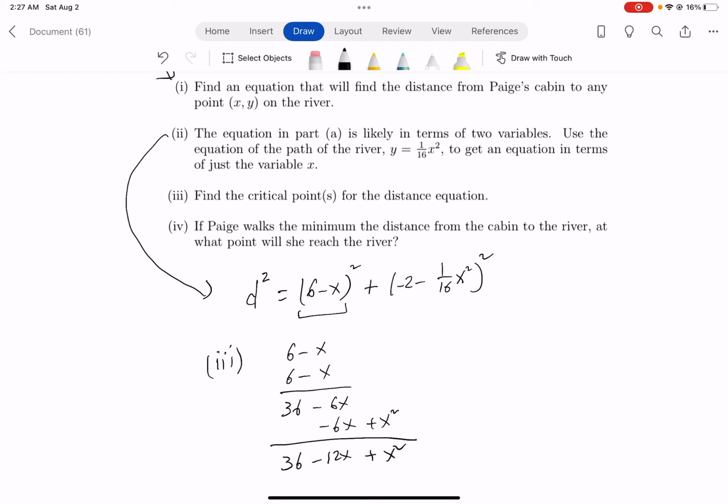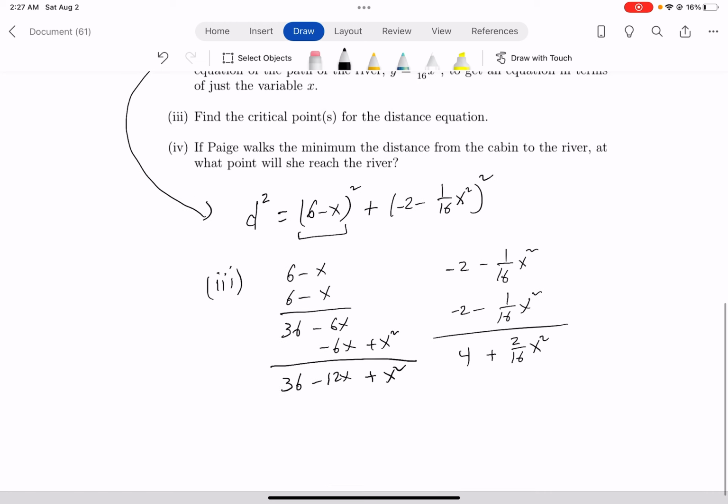And let's solve this one: (minus 2 minus 1 over 16 x squared) times (minus 2 minus 1 over 16 x squared). Minus 2 times minus 2 is 4. Minus 2 times minus is plus 2 over 16 x squared. And minus 1 over 16 times 2 is plus 2 over 16 x squared. And then minus times minus is plus 1 over 16 squared x to the 4.